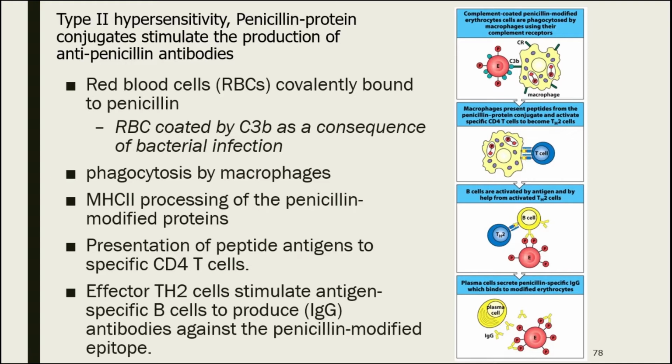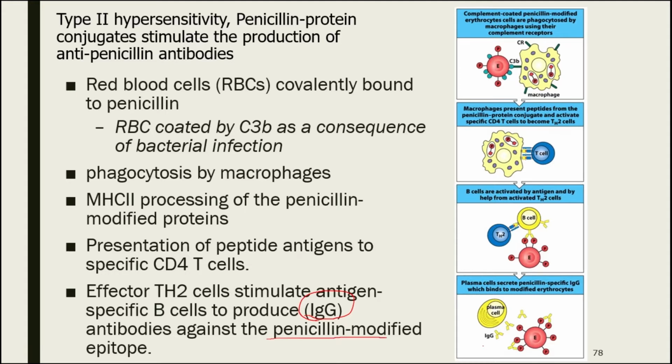It leads to processing and displaying the modified protein to your CD4 T helper cells, eventually leading to Th2 helper cells, stimulating B cells, formation of plasma cells, and all this leads to production of IgG that is specific against the penicillin-modified epitope.